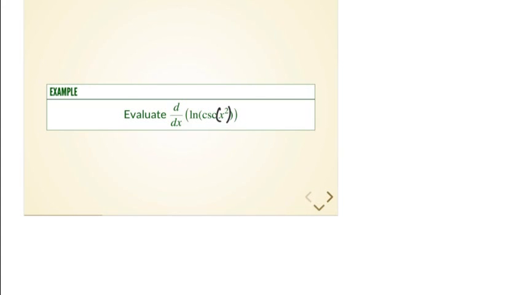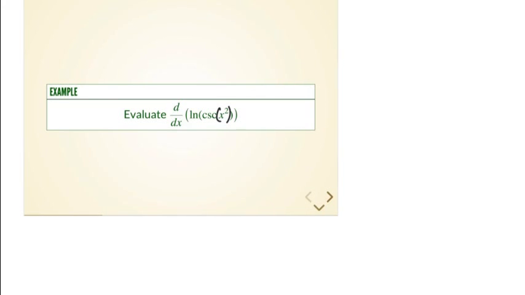times, so we're chain ruling this, I need the derivative of the inside function. The inside function, though, that is negative cosecant of x squared times cotangent of x squared. And then finally, derivative of the inside function to x.